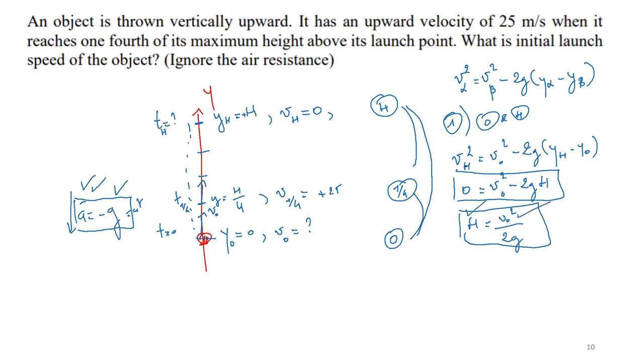Now let me use another piece of information to get what I need. The other piece of information is the velocity at 1/4, because it's given in the data.